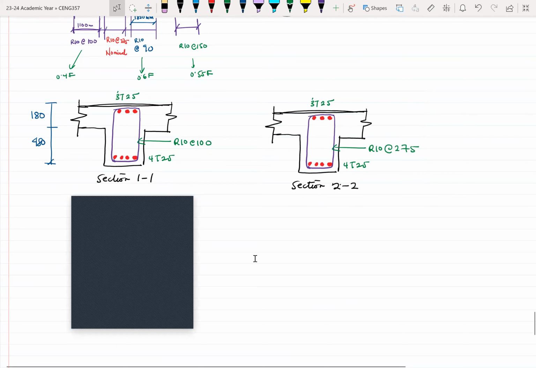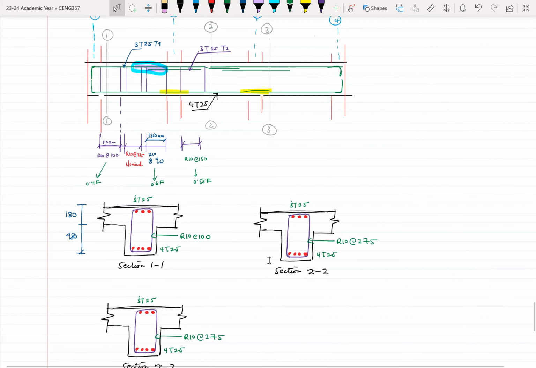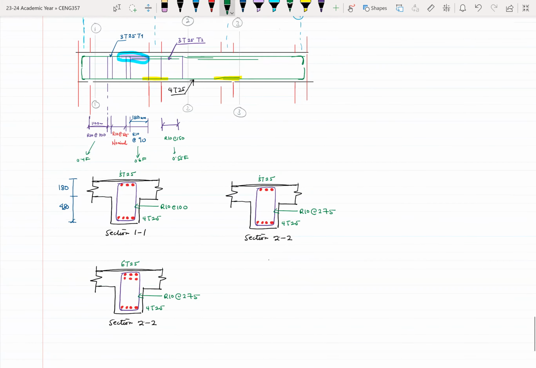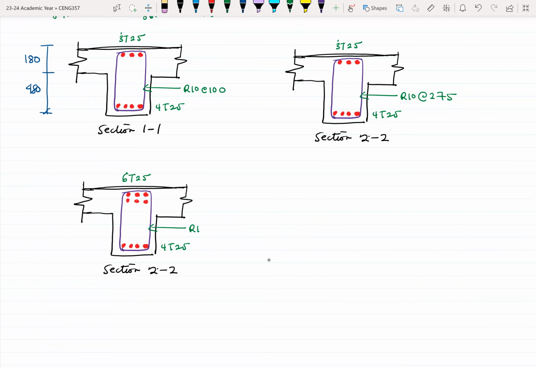For 3.3, I have 325, and I also have another 325 here. So I have 6 instead of 3, sorry. I have 6T25. And at that point, the spacing is R12 at 90. All right. So this one is section 3.3, not 2.2.